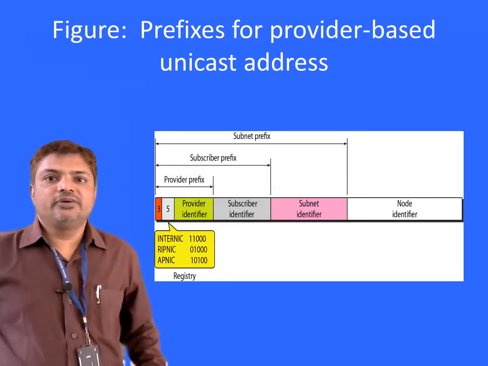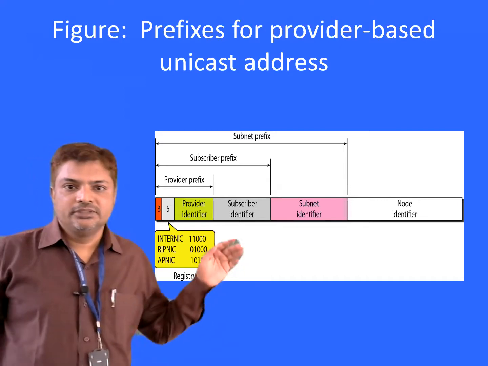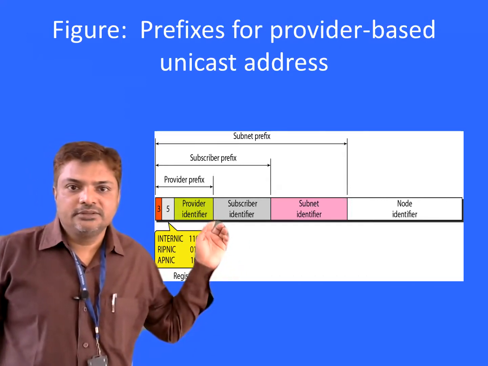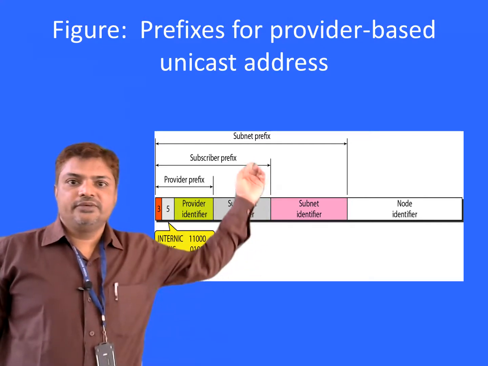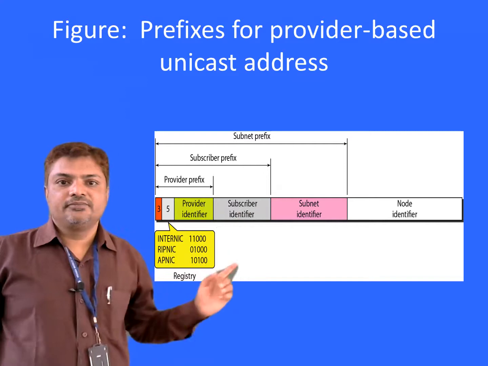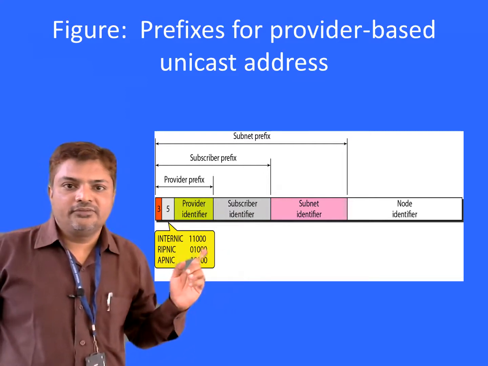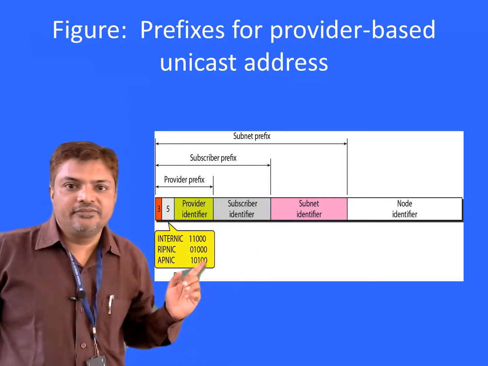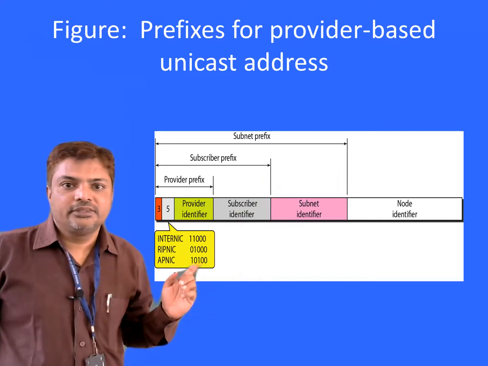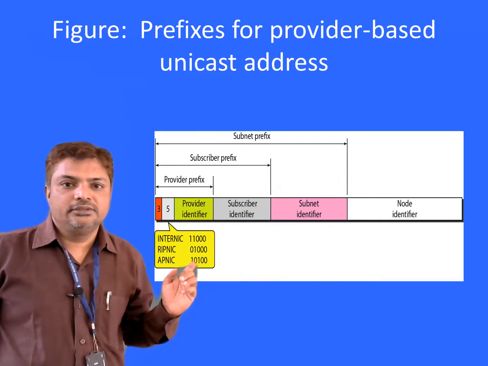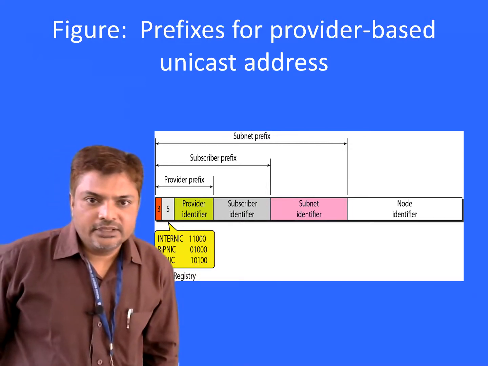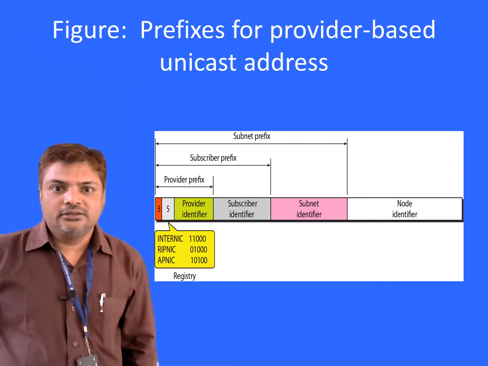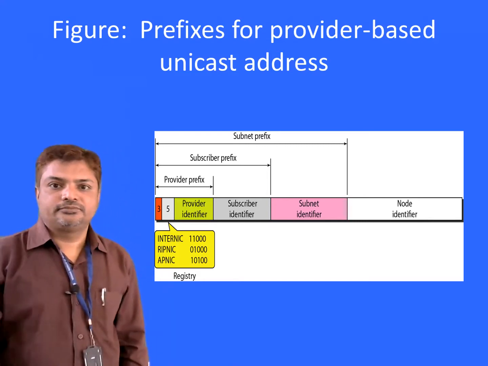So the prefix for the provider based unicast address: we have the provider prefix, the subscriber prefix, and the subnet prefix here. The 5 bits define different types that are used, so it is either InterNIC or APNIC and so on.